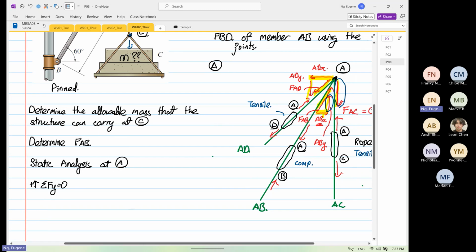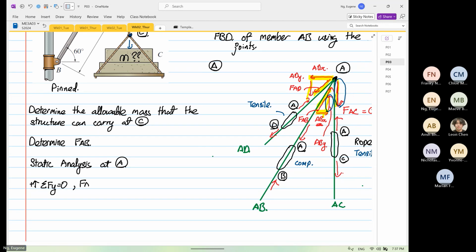So we have FABY, which is going up, minus FADY, and then minus FAC. The whole thing is equal to 0.